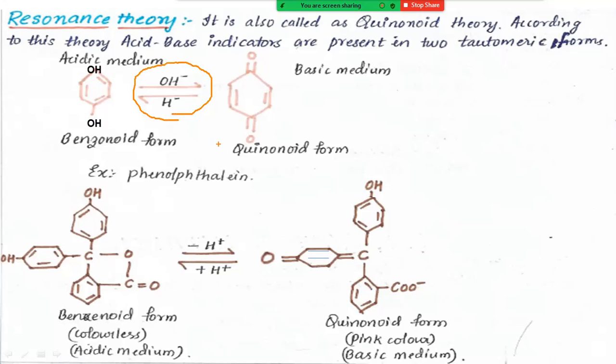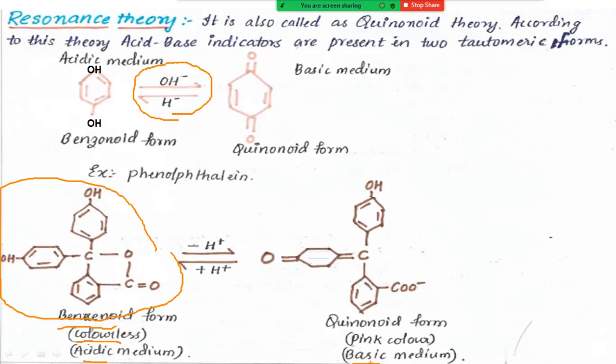For example, take phenolphthalein. This is the structure of phenolphthalein, the benzenoid form, which gives a colorless compound in acidic medium. If you maintain an acidic medium, the phenolphthalein will be colorless. But when we are doing the titration, after reaching the end point, the solution becomes a basic medium.